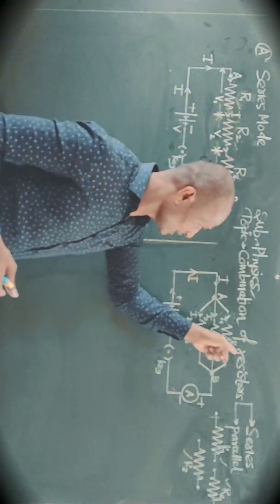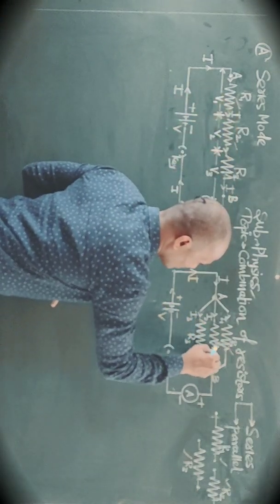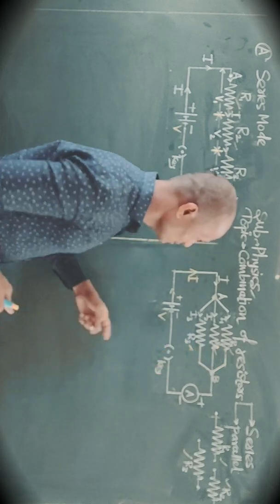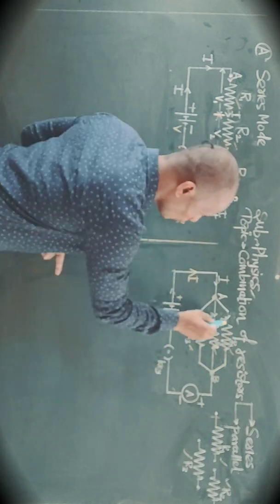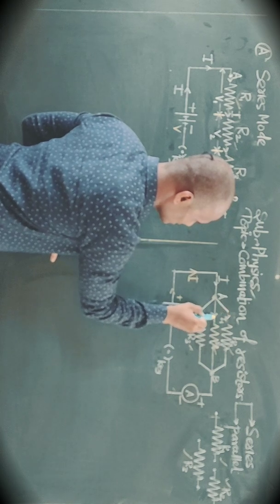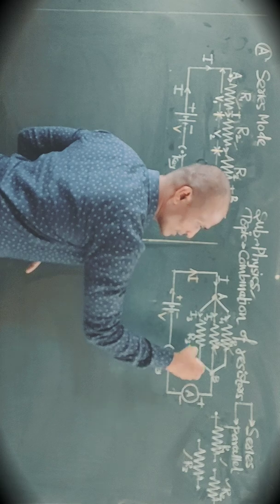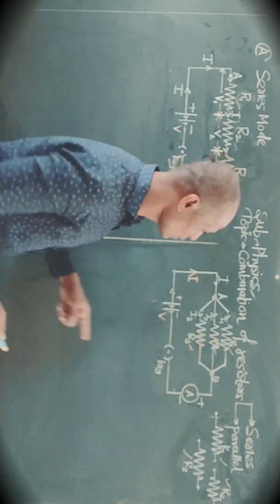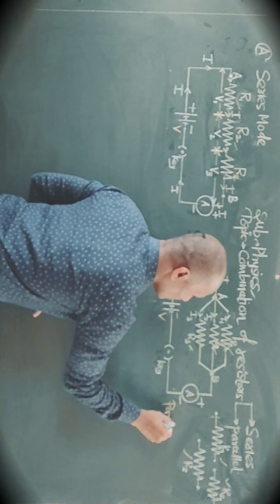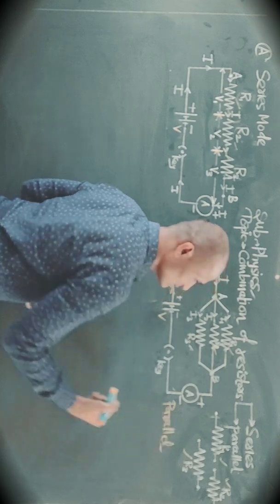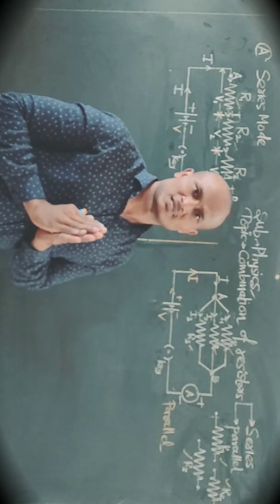In this figure, they are connected one after the other, R1, R2 and R3. In this case, one end of each resistor is connected at one common point and the remaining ends are connected at another point. This is called parallel combination of resistors. So what is the basic difference?